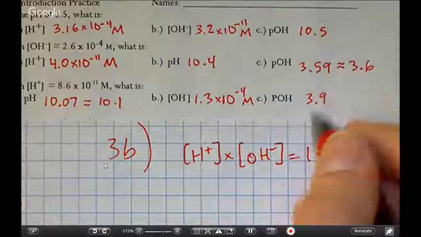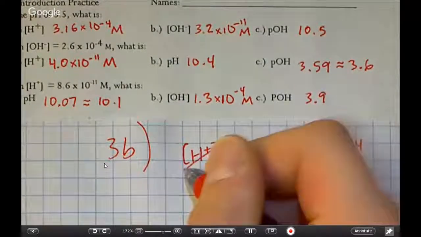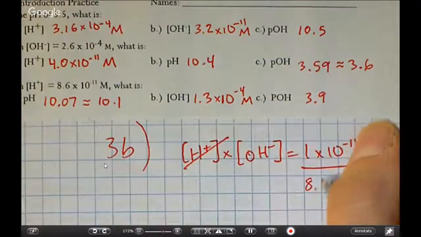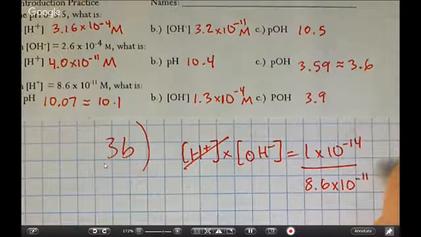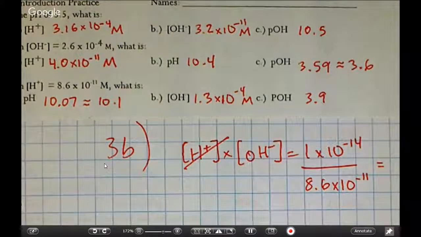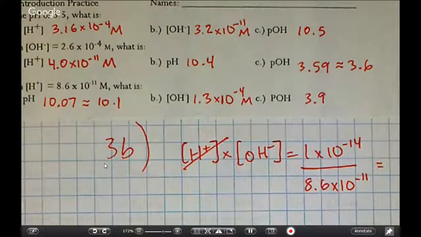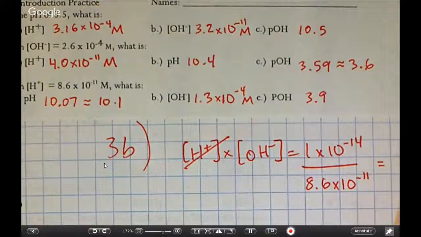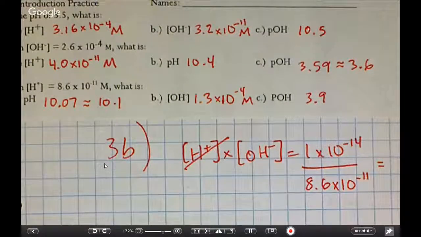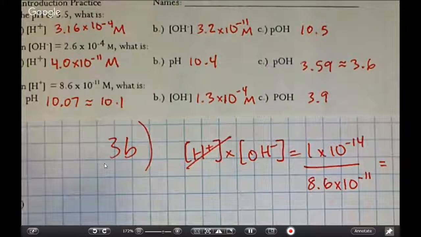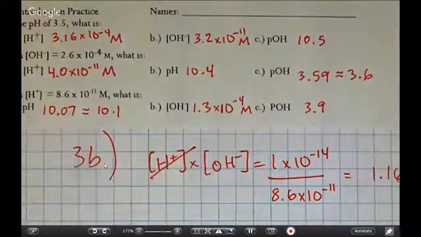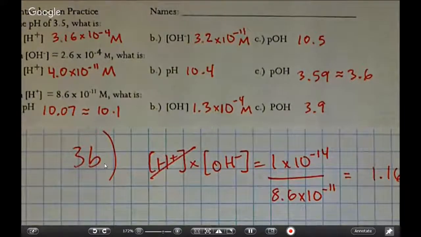Okay, so if we divide both sides by H plus, which is 8.6 times 10 to the minus 11, I get 1.16 times 10 to the minus 4, which is what you came up with. I think probably because I rounded my pH originally.